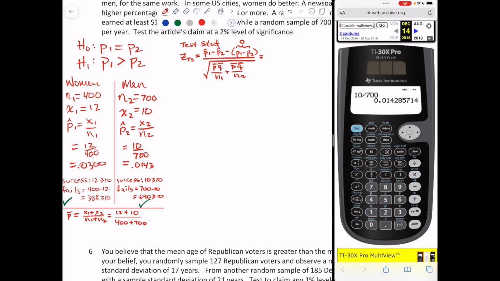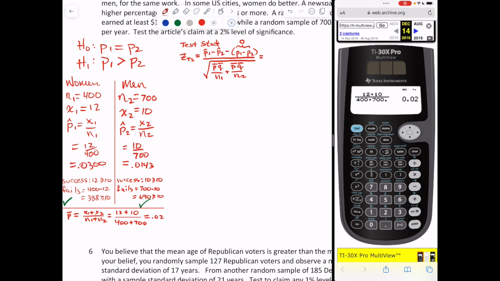Okay, so we'll double check that real quick. So 12 plus 10 on top, 400 plus 700. I'll put a decimal point there so it comes in decimal, and it's beautiful. It's just 0.02, real simple.